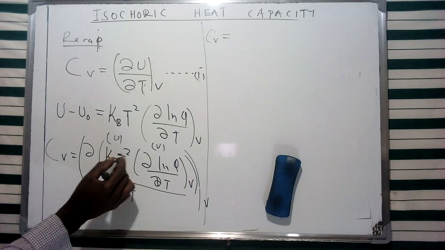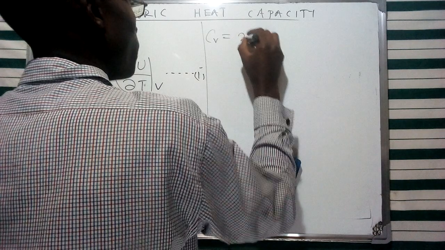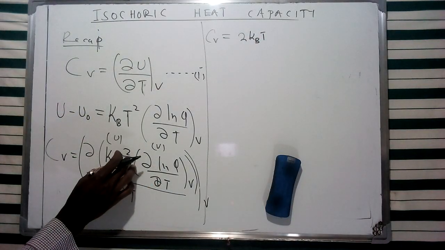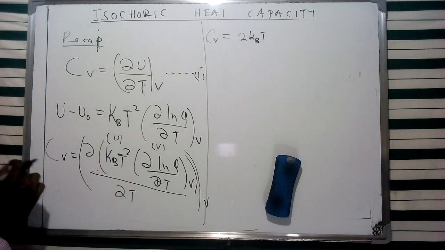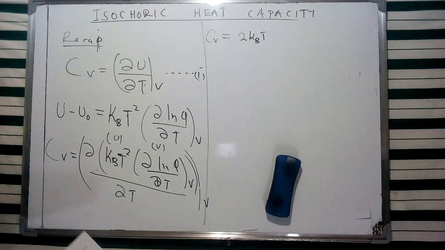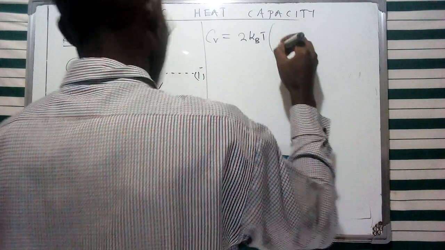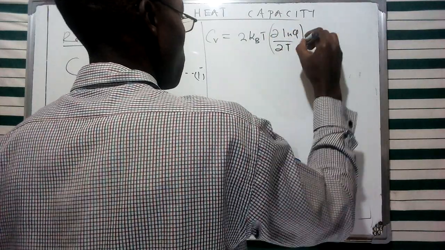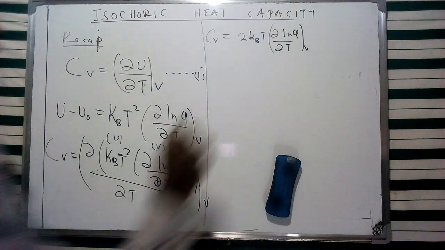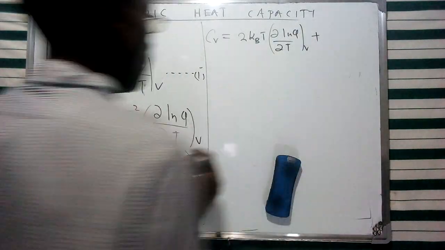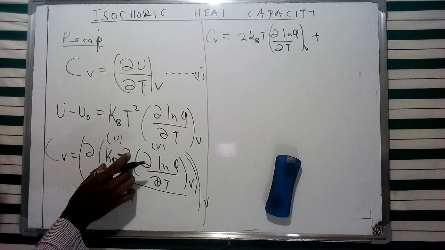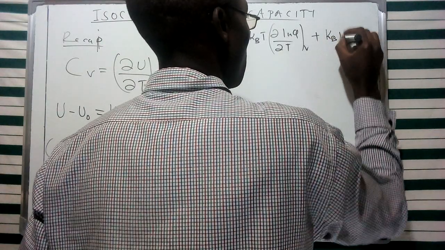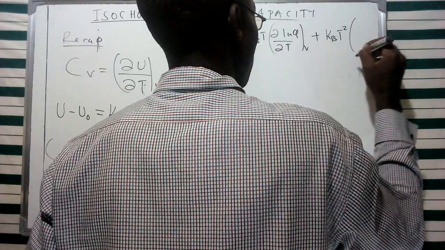The first one, we're going to consider temperature, whereby we're going to have k_B T. This specific coefficient has been taken from this particular point, so we're going to have 2 k_B T as one of our factors, and we're going to hold this second one constant as the natural log of Q with respect to temperature at constant volume. Then we're going to have the sum of that, holding constant the one which was differentiated in the first factor, and have k_B T squared, and differentiate the second one.